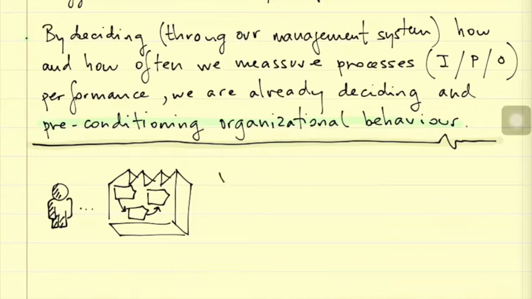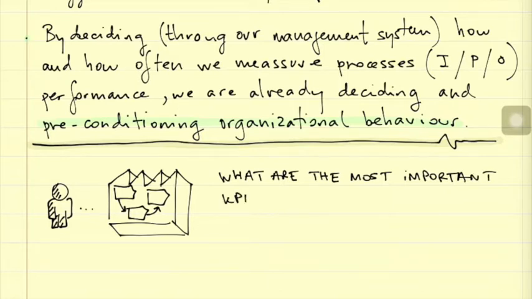So the question is, what are the most important KPIs to explain the process, a factory or a value stream? What are the most important KPIs to explain the process? Please find out.